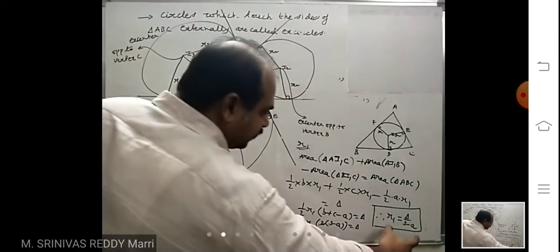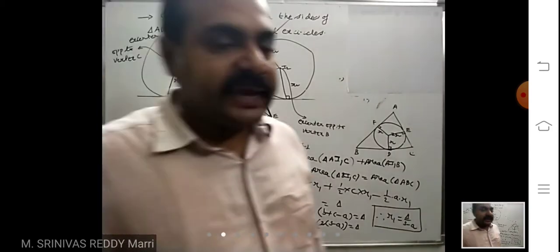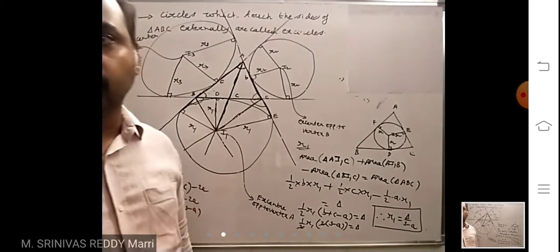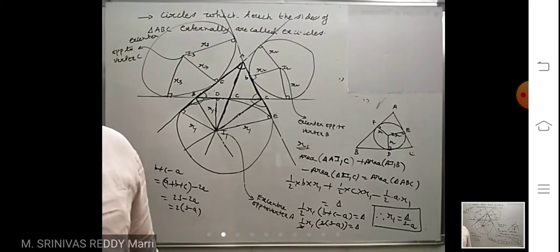Now finally you have to remember this formula. I will list down the formulas for R1, R2, R3. The excircle opposite to vertex A has center I1 and radius R1, which is delta by (s minus a).